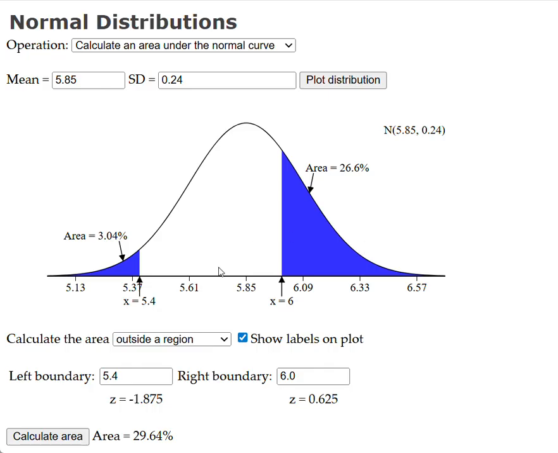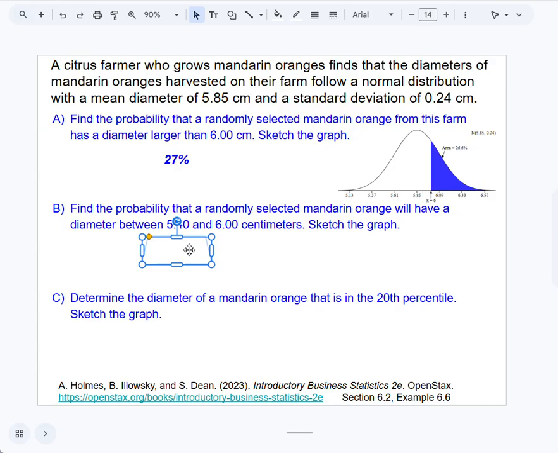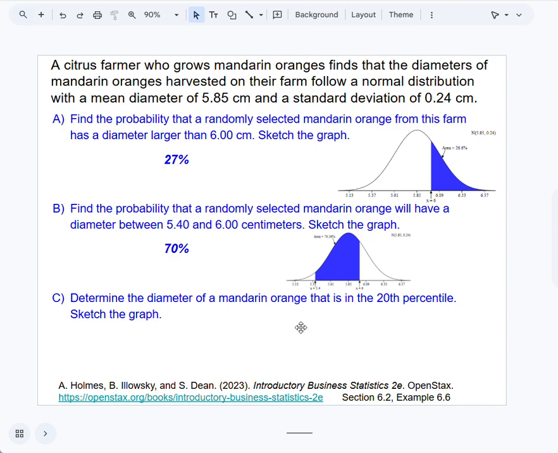The whole curve is 100%. 100 minus 70 is 30, right? So you really only have to do one of them, and you can calculate the other one knowing that the full curve is always going to be 100%. All right, so go back to the problem. Our answer is 70%, between those values, and we've got a lovely curve.